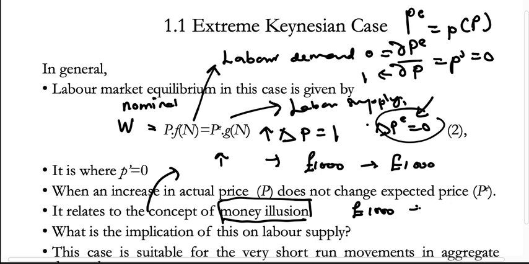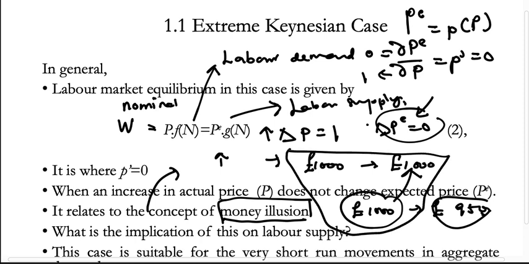But next year you don't realize that you can only buy goods and services worth only, let's say, 950. You thought that by receiving £1,000 next year, you can also purchase the same value of 1,000 worth of goods and services, but in fact it is not. When you feel this way and you don't realize this bit, then you have what we call money illusion. You don't recognize the increase in price or inflation. You don't take inflation into consideration.